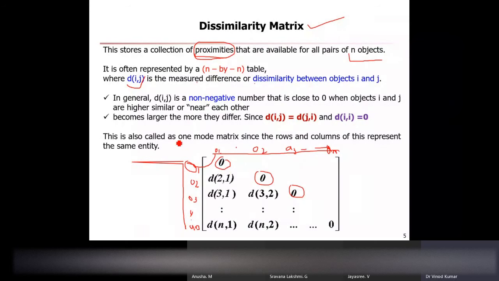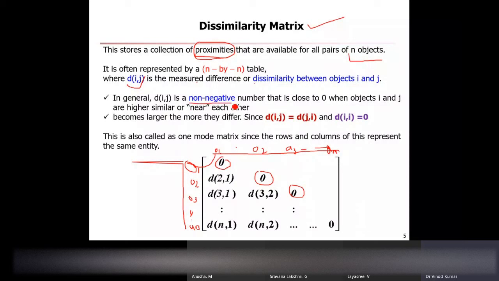So we represent the dissimilarity matrix as you are able to see here. In one go, I can say which object is similar to another object based on the values we have obtained here. In general, dij, the distance between object i and object j, is non-negative.